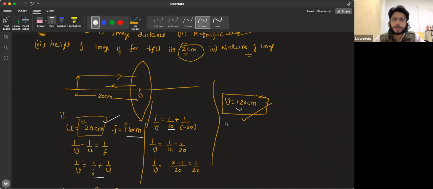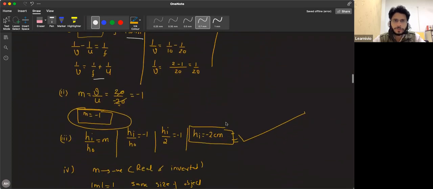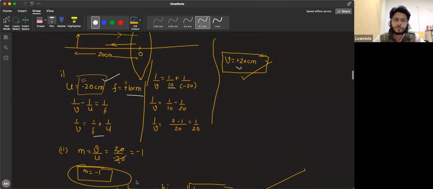Now, when we calculate magnification, magnification is V by U. So V is 20, U is minus 20. So this 20 and minus 20 will cancel out and you get minus 1. So the magnification is minus 1.